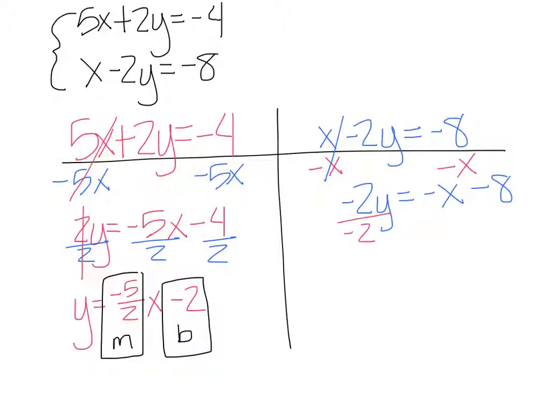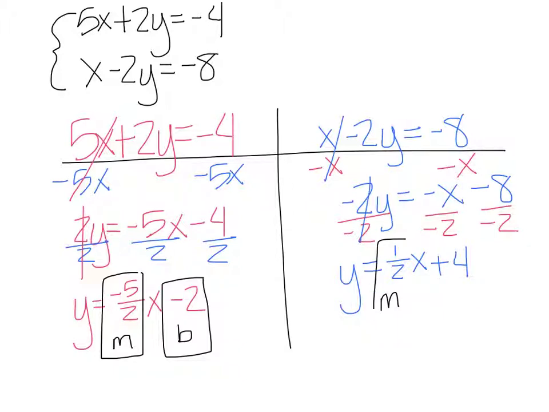Divide every term by the coefficient, which is negative 2. And we have y equals negative divided by a negative is a positive 1/2 x. 8 divided by 2 is 4, so plus 4. So here we have a slope of 1/2 and a y-intercept of positive 4.